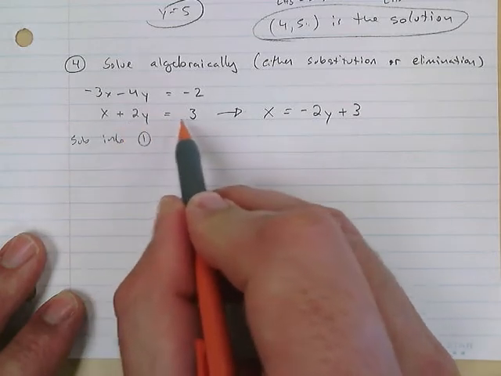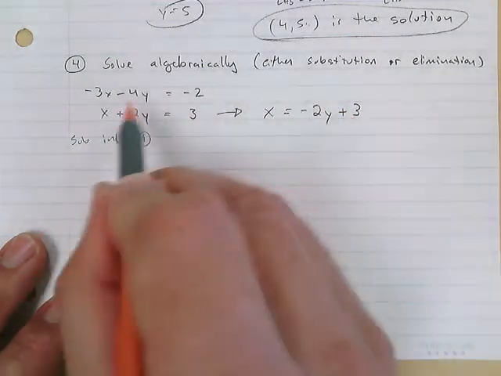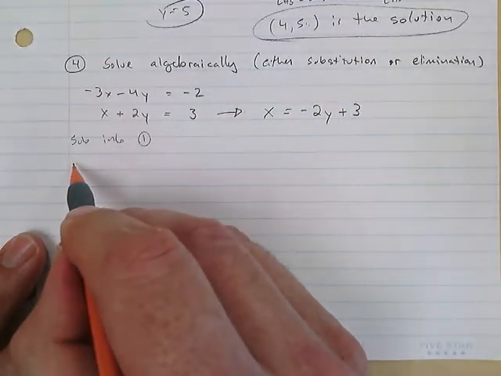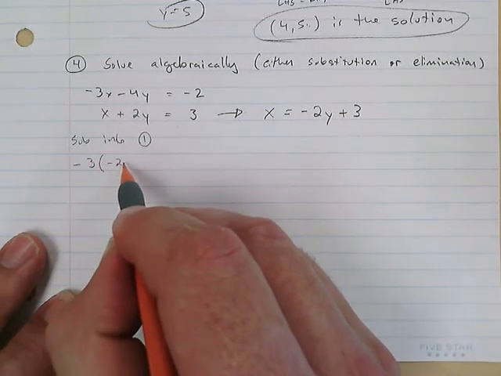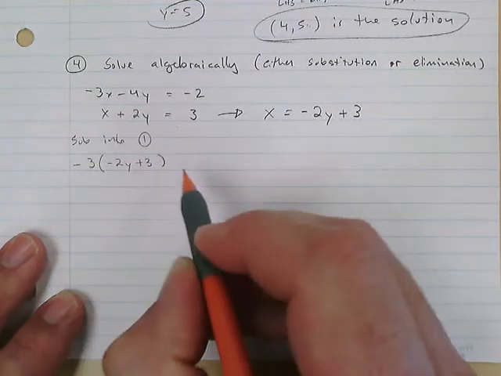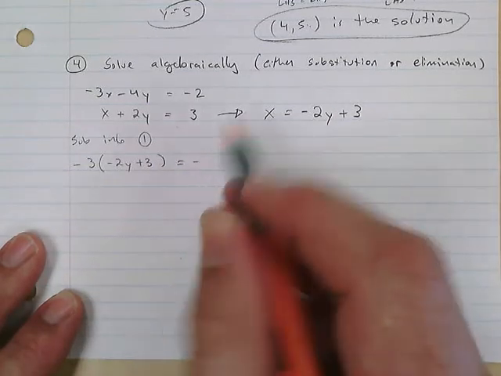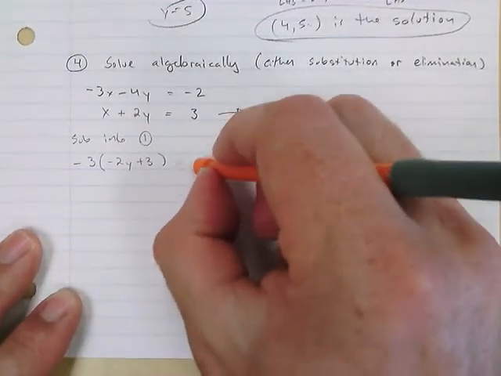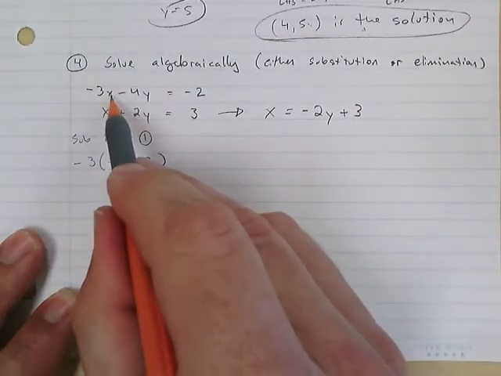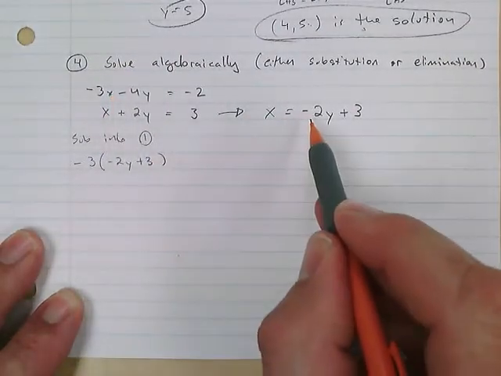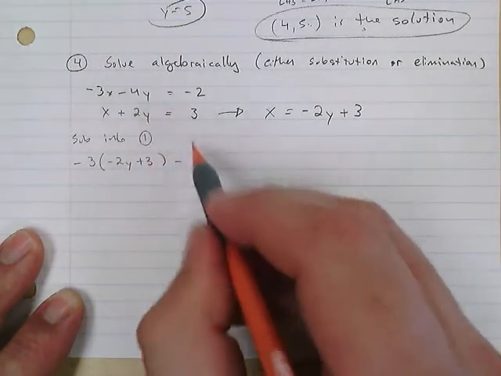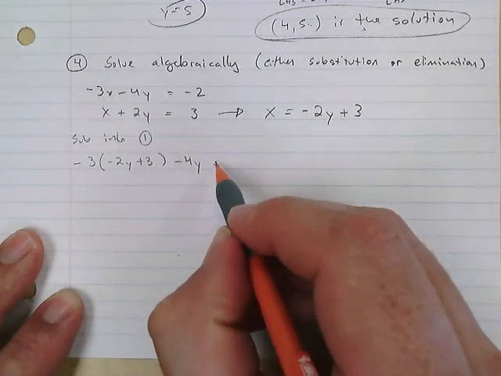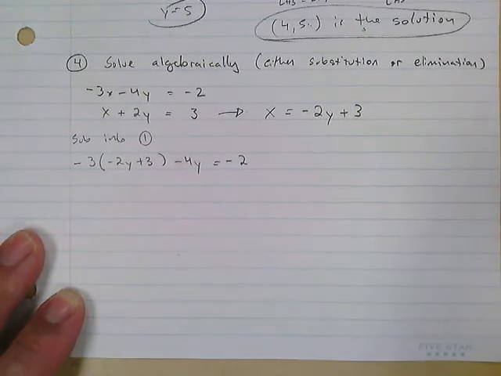So you isolate in the second, then you plug that into the first one. So you have negative 3x, and x is negative 2y plus 3 is equal to negative, oh, sorry, I still have the negative 4y there, right? So you plug in x here, which is negative 2y plus 3. Don't forget the 4y, which is part of the original.